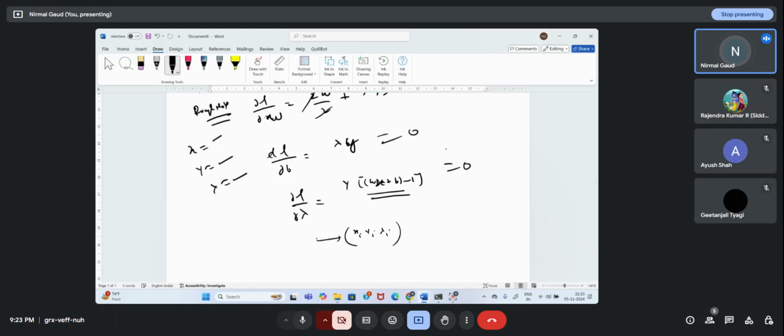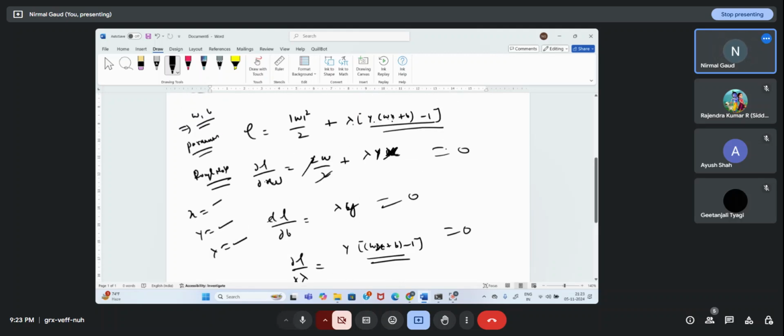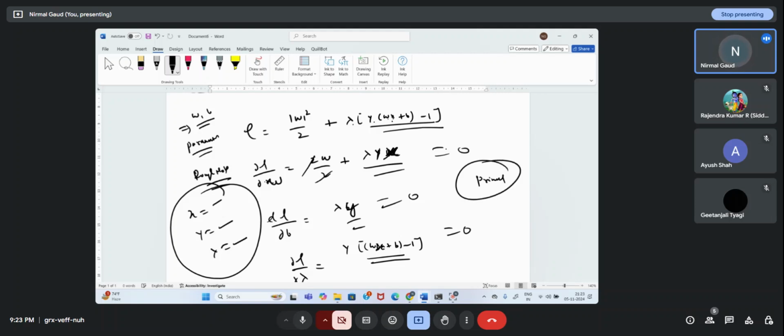I haven't used the i notation here. I just simply performed the differentiation, and that's what you are seeing. However, I just wanted to tell you that if we put them equal to 0, we are not going to get the final results as to what is x, what is y, what is lambda. So this is my primal problem. Definitely we are stuck in this problem. We are not getting the results of x, y, and lambda.